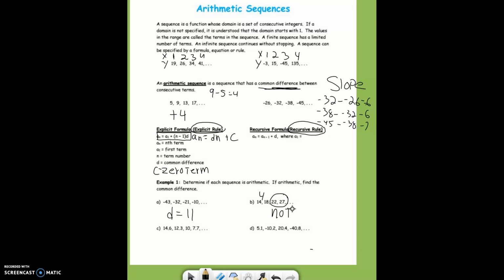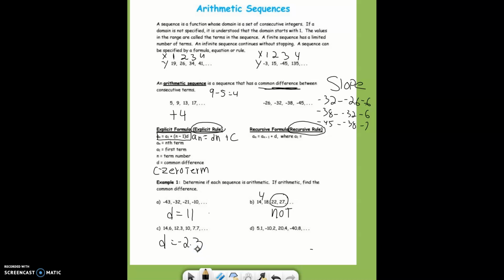Let's see if that continues, right? So we're going to do 10 minus 12.3. And we always want to check the last one, right? 7.7 minus 10. So the difference, again, is negative 2.3.